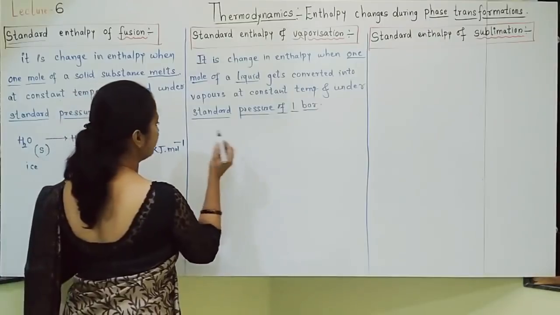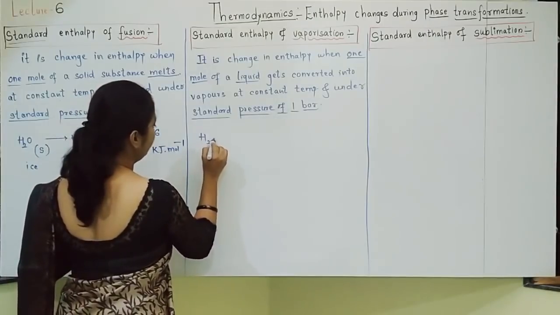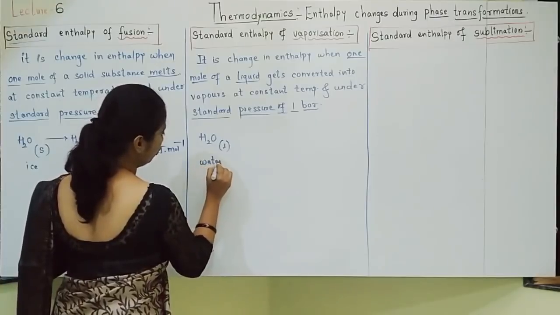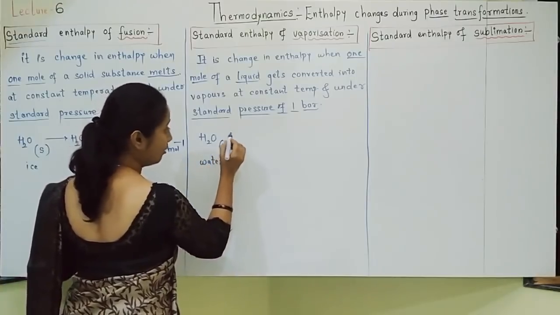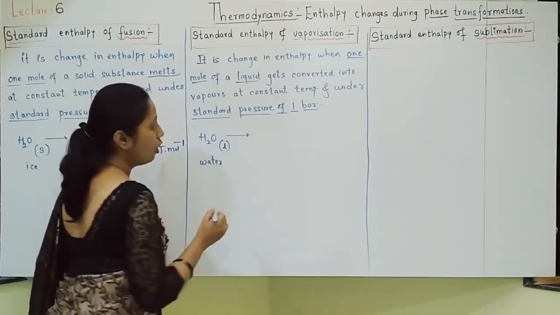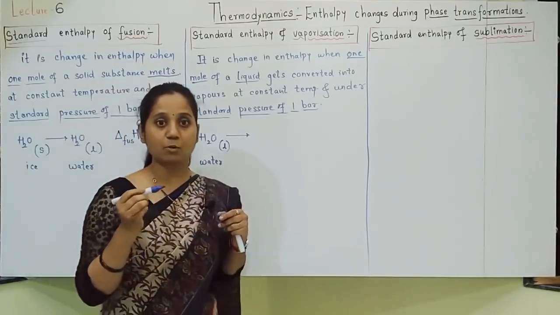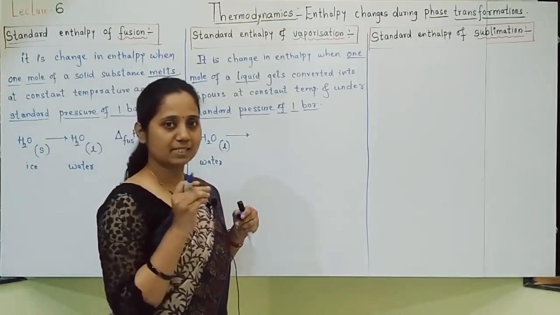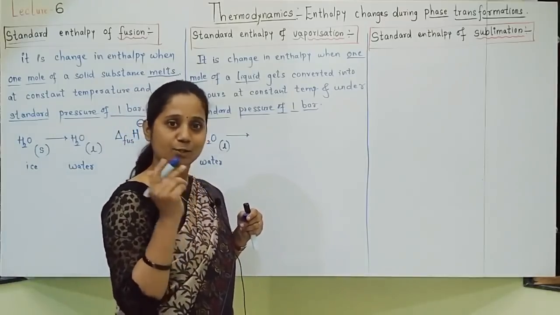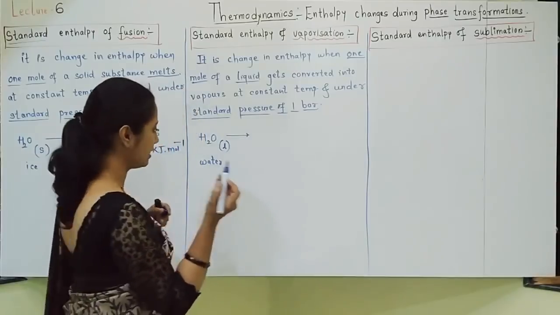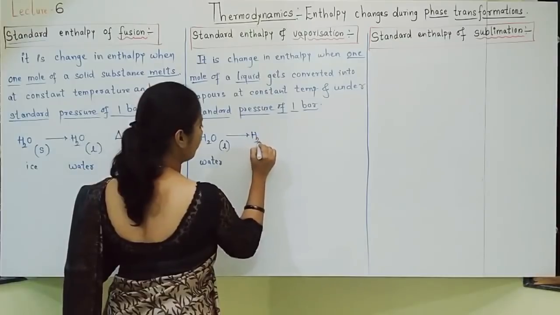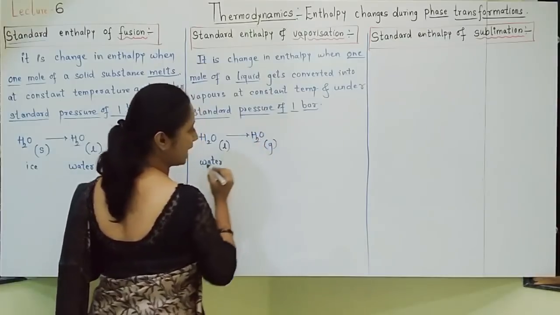Let us write an example. Liquid, so I am writing water. You must mention L; the physical state must be mentioned. All these equations you must now write as thermochemical equations, not normal equations. In this thermodynamics lesson, our equations should be thermochemical. What are thermochemical equations? We have seen just now. So I must mention the physical states. It is getting converted into water vapor, so I must mention gas.